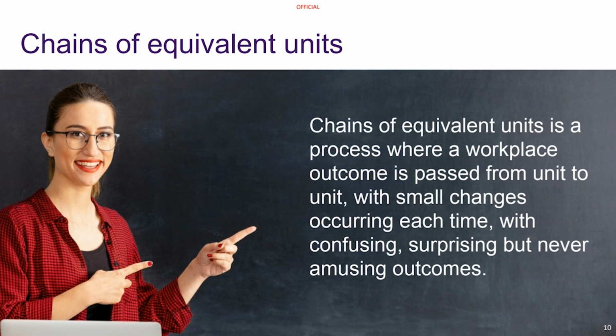We have to make sure that the shift in meaning and the shift in outcomes and the shift in requirements over a number of successive units of competency hasn't ultimately led to a significant change in meaning.